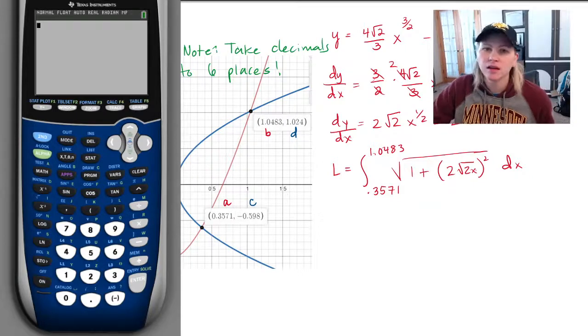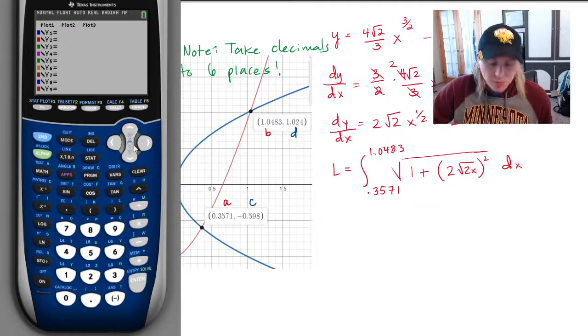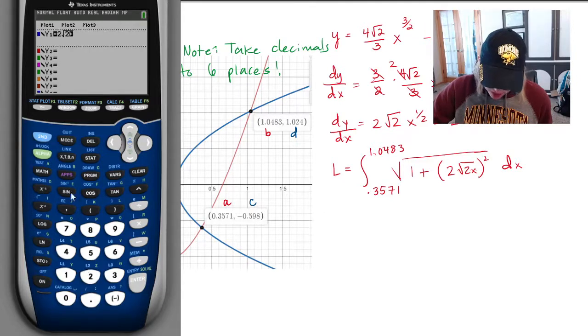Now, when I'm plugging things using length of curve into my calculator, one trick that I have is to go to my y equals screen and get everything cleared out. But sometimes I like to just type the derivative into y1. So here the derivative is 2 times the square root of 2x. Now this derivative isn't so bad, but there are going to be derivatives that are complex and have a lot going on.